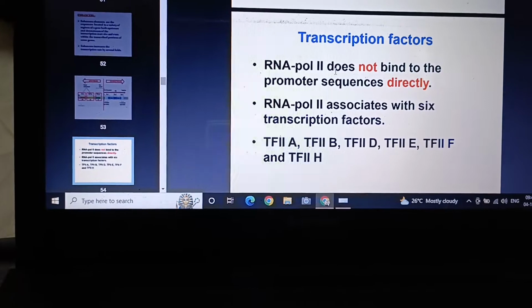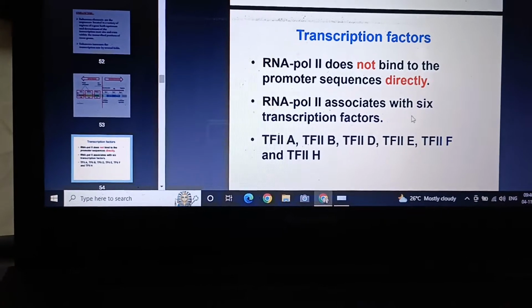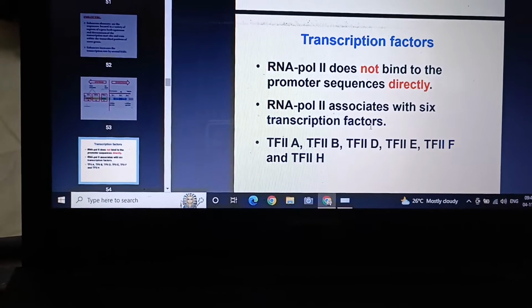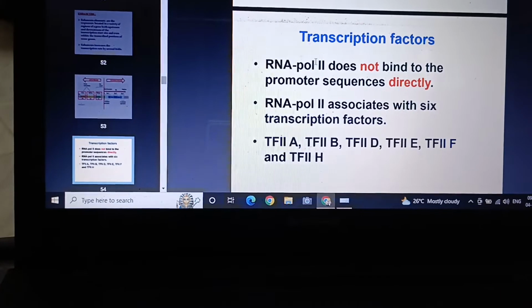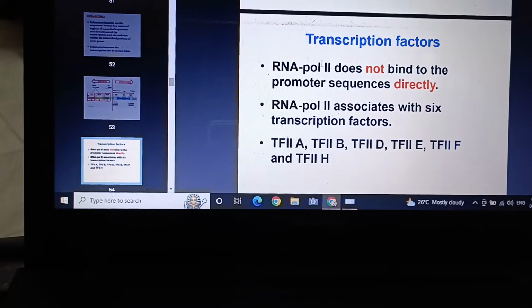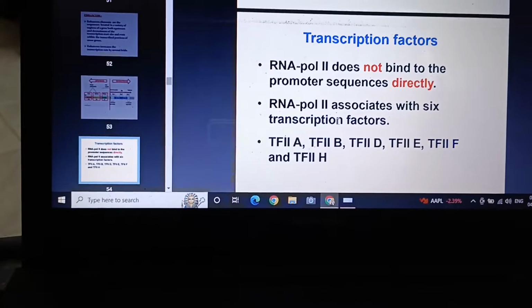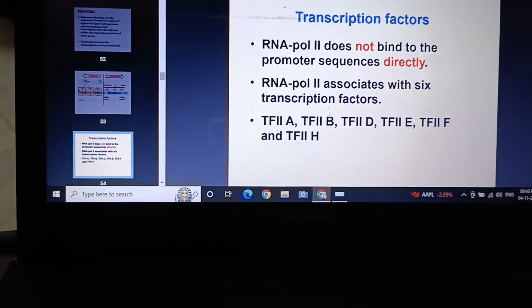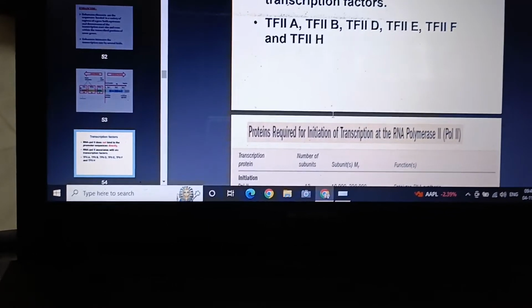But here that will not happen. RNA polymerase 2 associates with 6 transcription factors. So here RNA polymerase does not directly bind to your promoter sequence. Instead, it will bind with your 6 transcription factors, and then only it will recognize your promoter region.